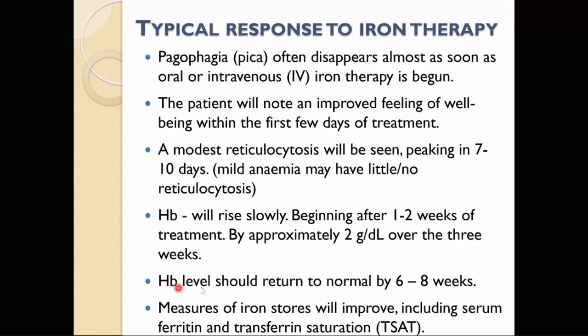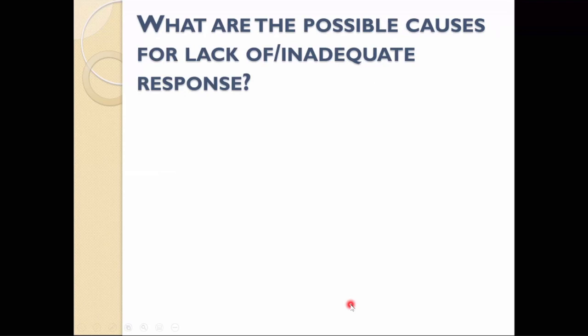And the hemoglobin level should return to normal by about 6 to 8 weeks. After that, there'll be a continuous improvement in the serum ferritin and transferrin saturation, right? Over about the next 3 months, there'll be an improvement of it. So what are the possible causes for a lack or an inadequate response in this patient? What do you think could have happened?